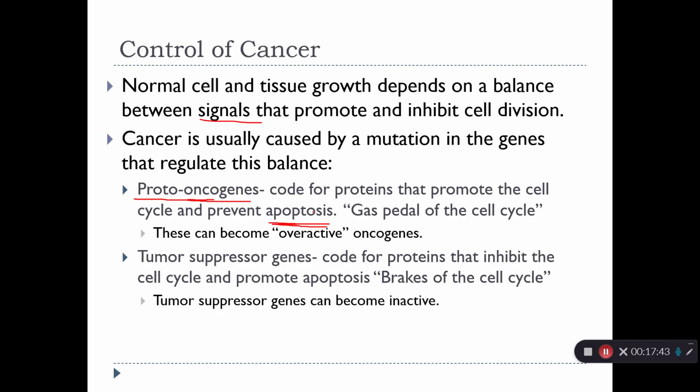Apoptosis, remember, was programmed cell death. This can become overactive, and they can become cancer genes turned on like a gas pedal. Just go, go, go, go, go. Rapidly divide, but hopefully we have the genes that stop that. We have genes called tumor suppressor genes. They inhibit.